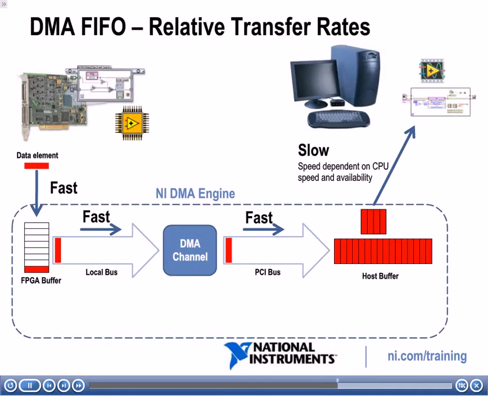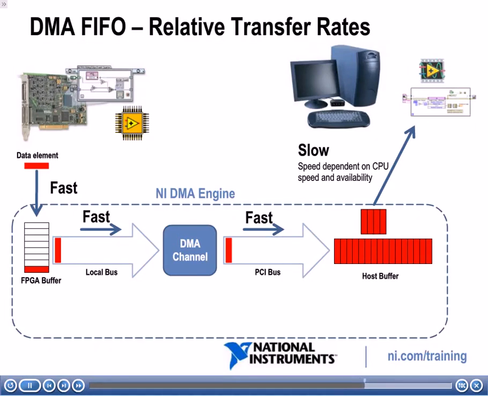Now let's take a look at the relative transfer rates in this DMA FIFO transfer. The FPGA going into the FPGA buffer is going to happen very fast because that's all happening on hardware. The transfer from the FPGA buffer through the DMA engine all the way to the memory on your host computer is going to be pretty fast as well, and that's being handled by the DMA engine.